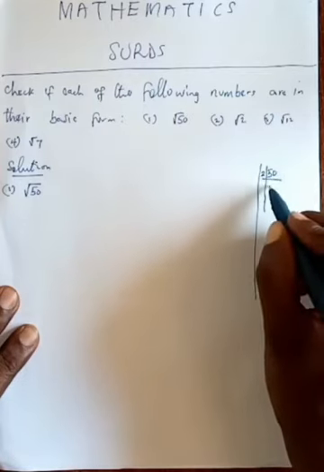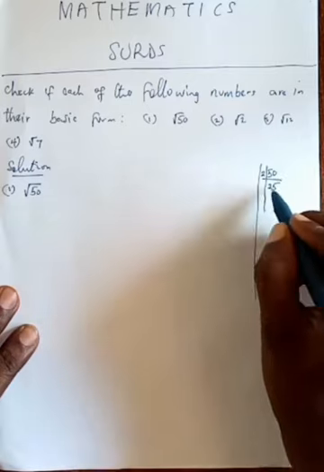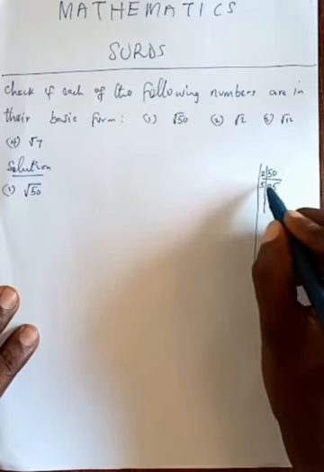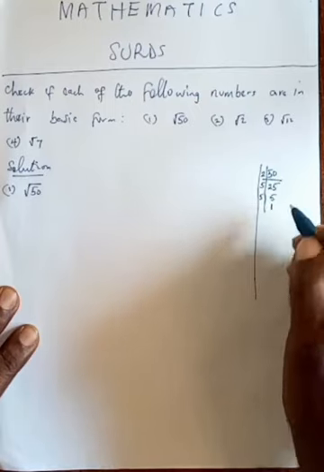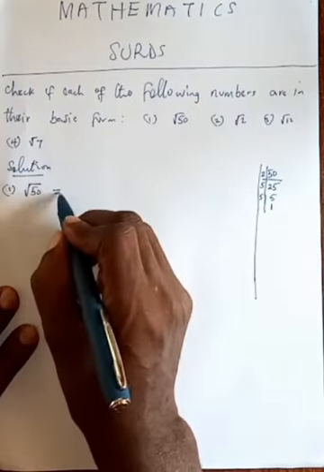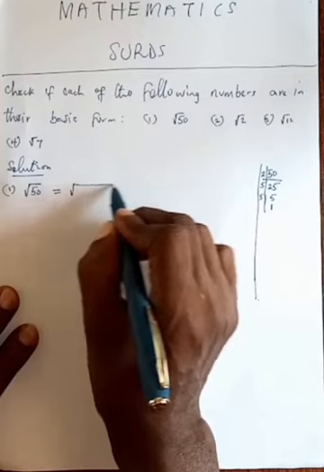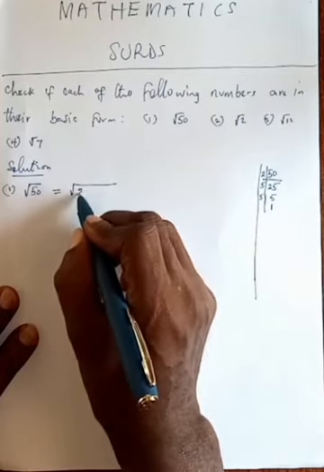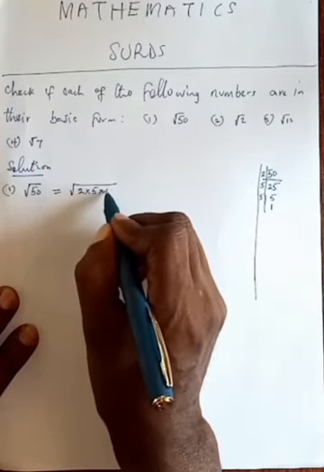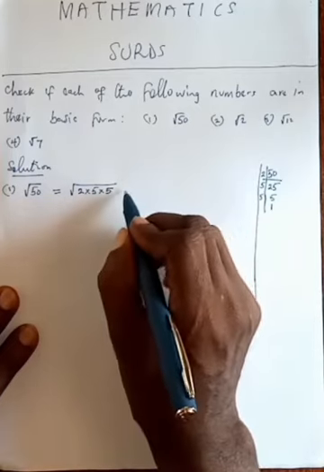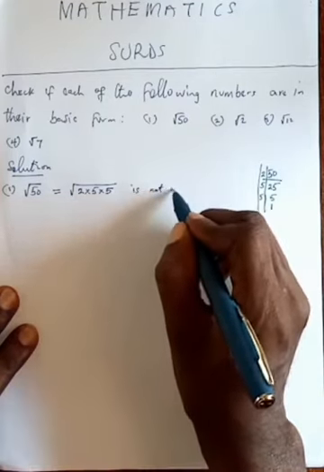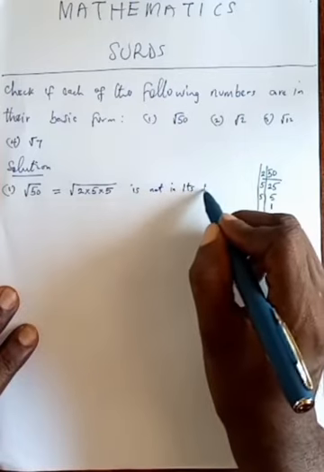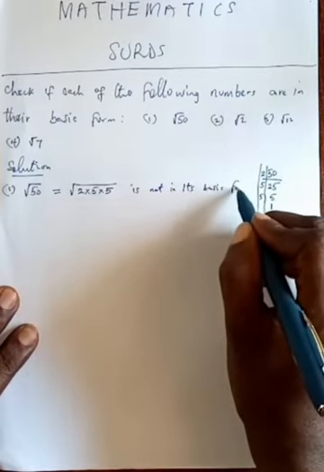So 2 in 50 gives 25. The next number we can use to divide this is 5. 5 in 25 gives 5, and 5 in 5 gives 1. So we can see that 50 can be expressed as 2 times 5 times 5.